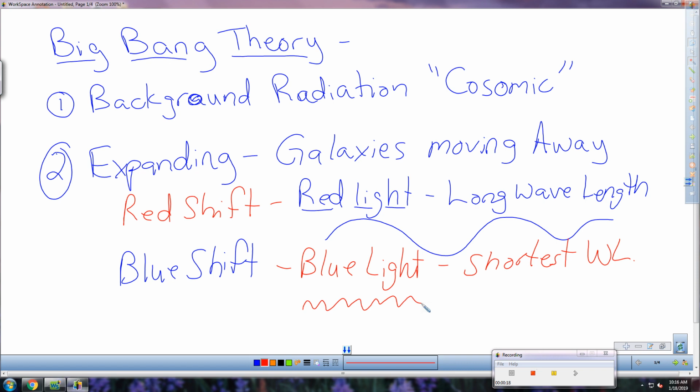Almost everything in the world shows us this red shift. There is one, and it's actually our nearest galaxy, which is called Andromeda, that is showing us a blue shift. That means eventually Andromeda and the Milky Way are going to collide together. Good news is that's not going to happen for billions and billions of years, and you and I won't be here to see it.